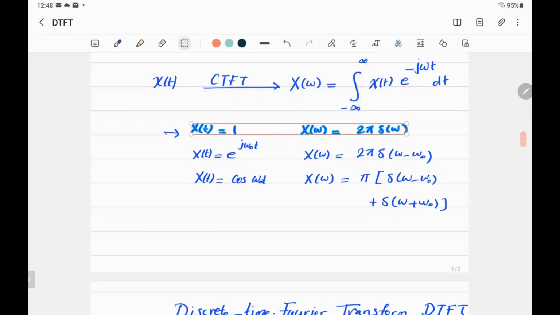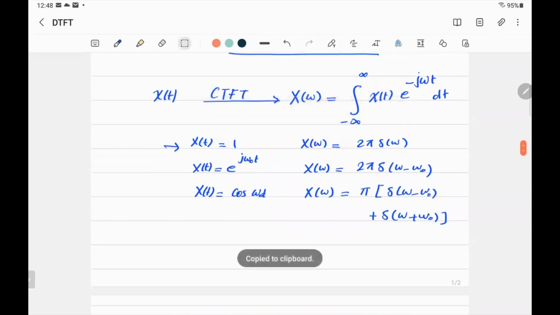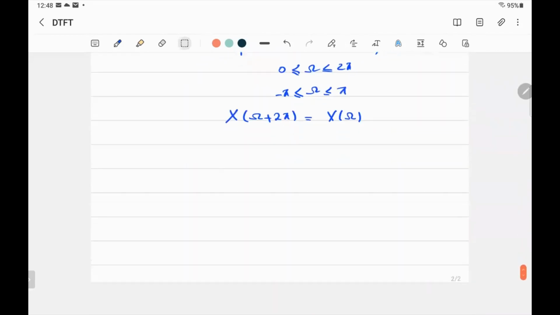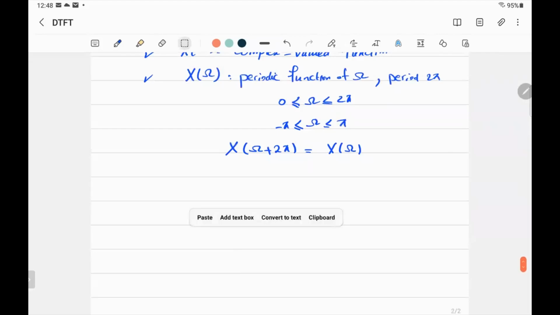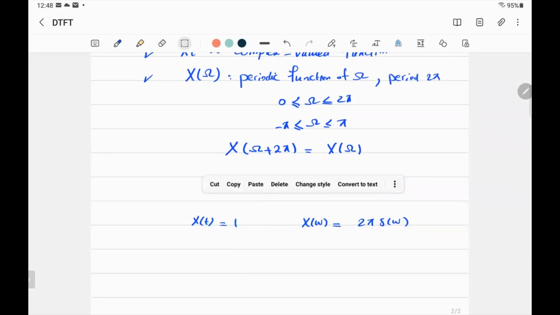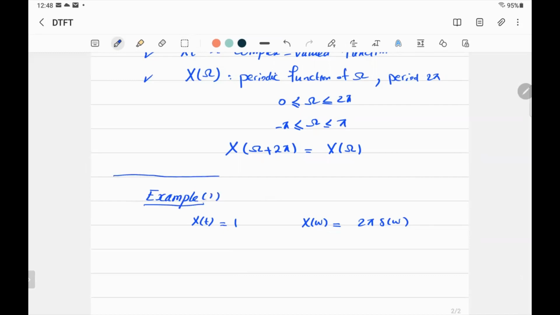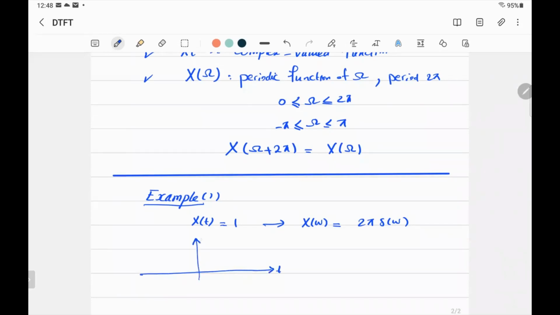How do you sketch x of t equal to 1? You say that's the time axis, and that's x of t.